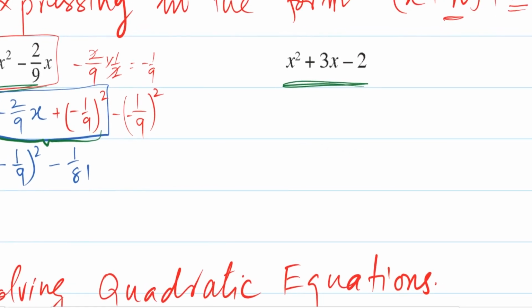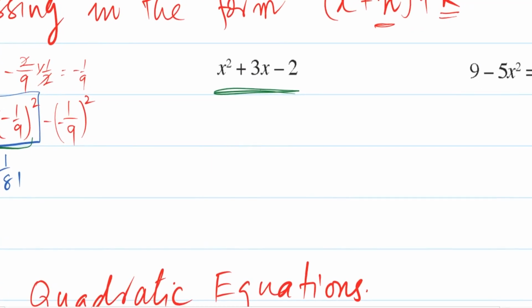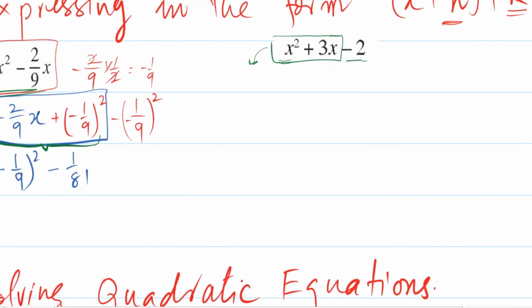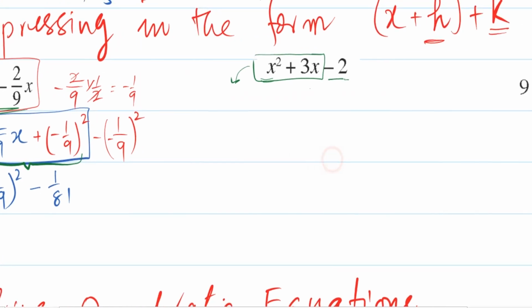If there are three terms, as you can see in the second part, we have an expression which has three terms. The first term is x square. We will focus on the first two terms, and we will use the same method which we did in the first part.